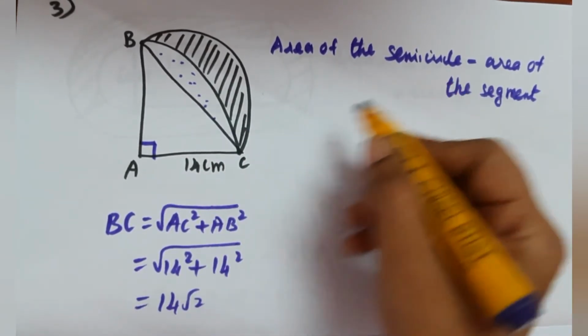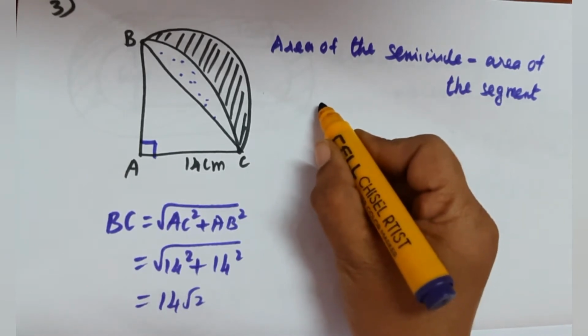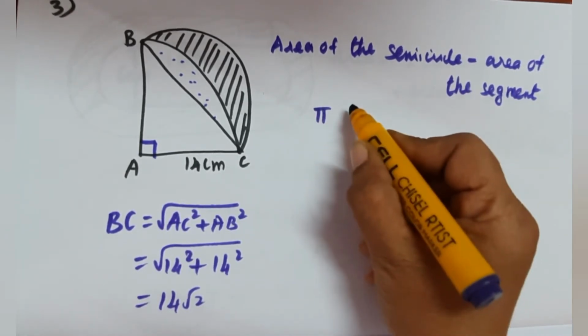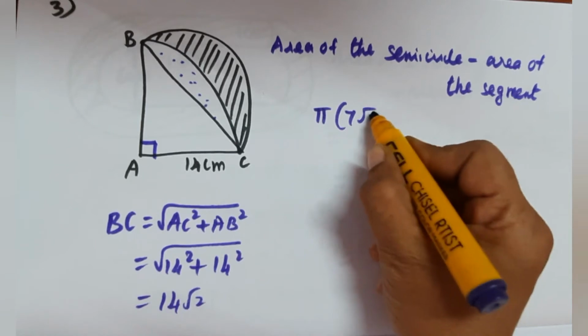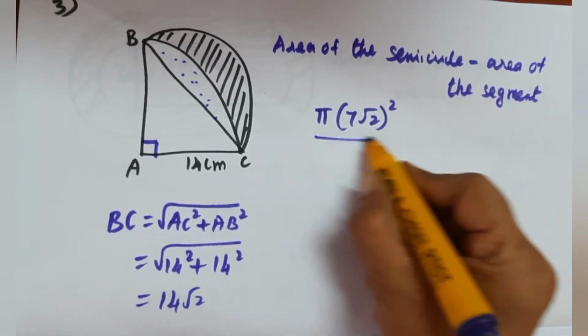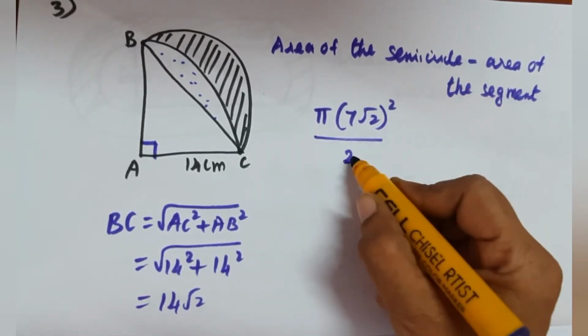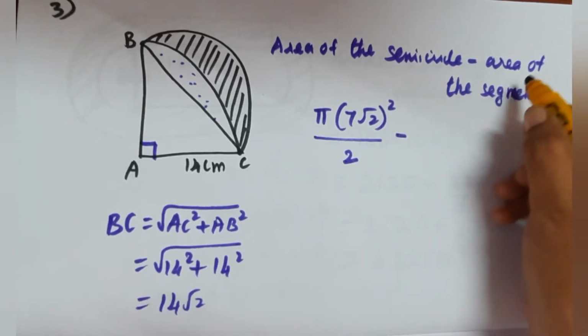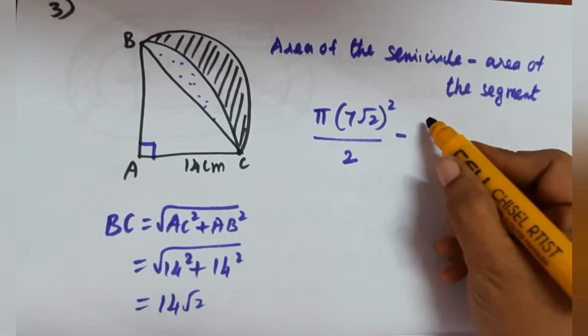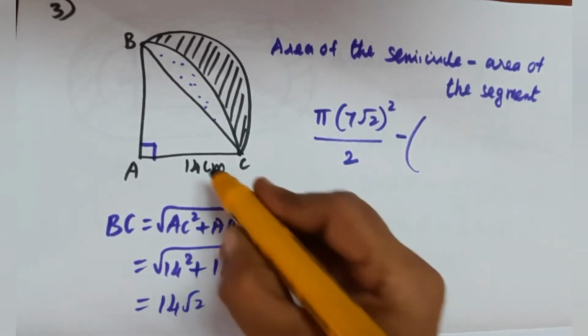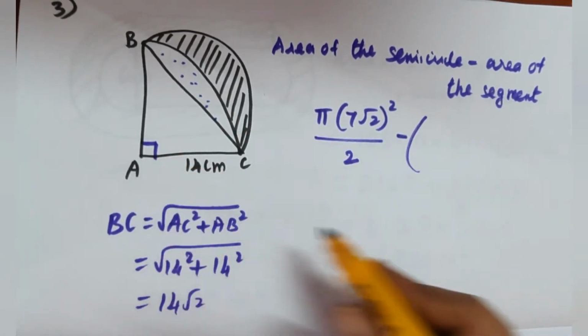So the area of the semicircle will be equal to pi into 7 root 2 the whole square by 2. Semicircle, so dividing by 2, minus the area of the segment. The area of the segment which is making 90 degrees over there.